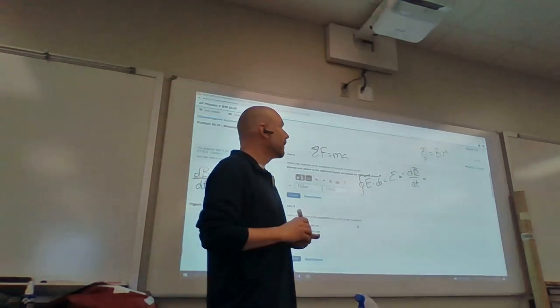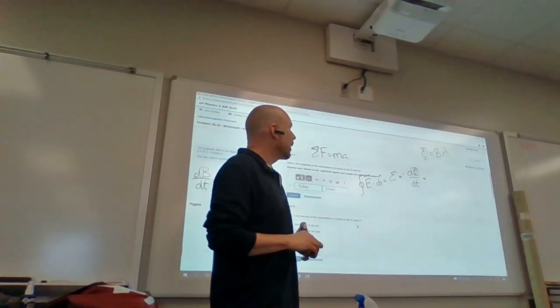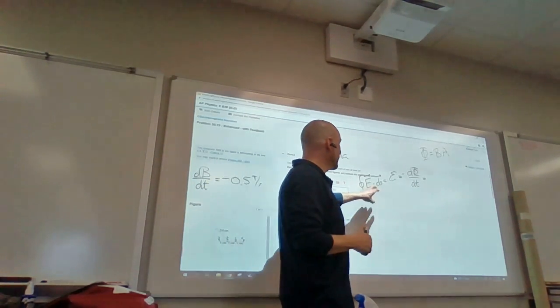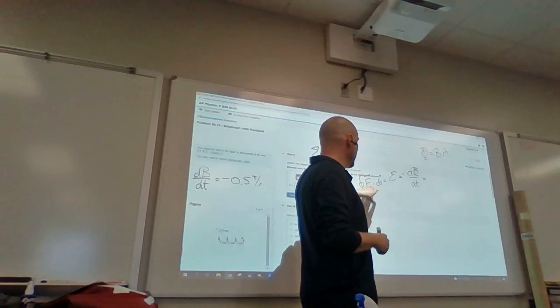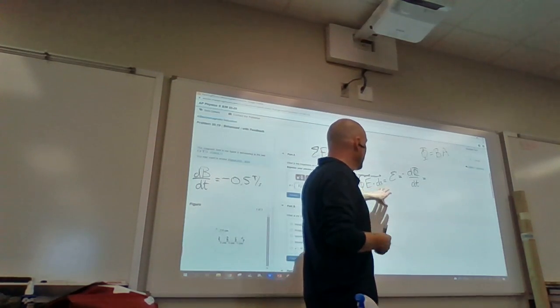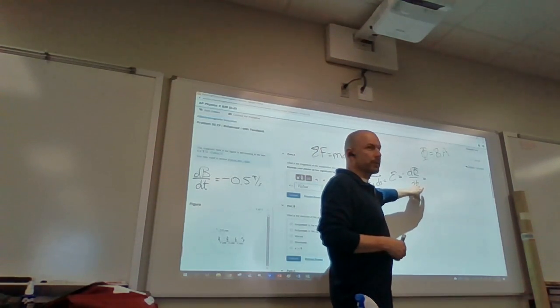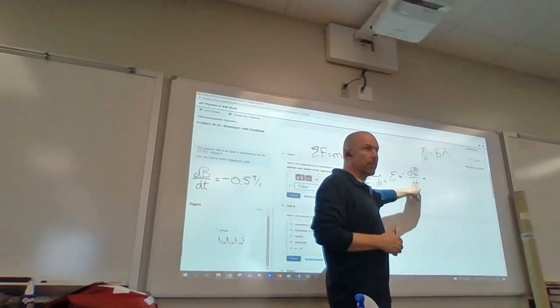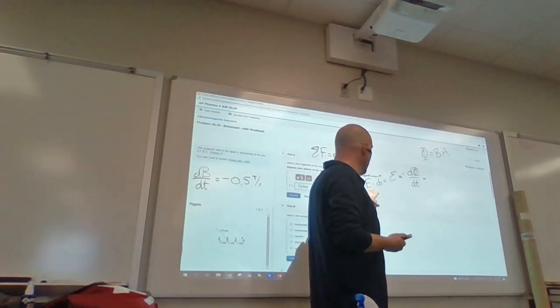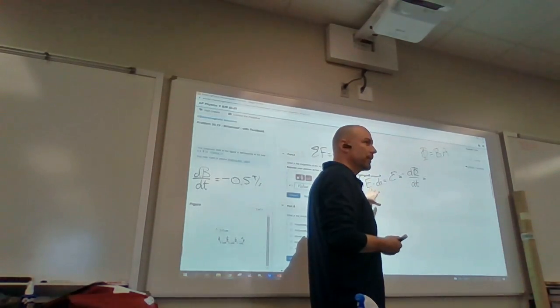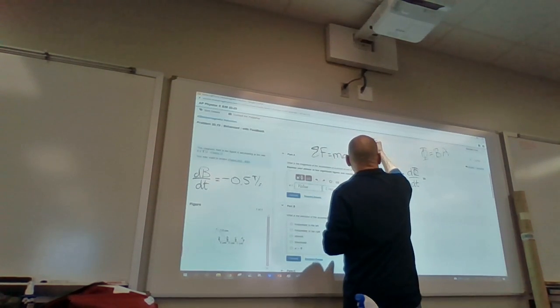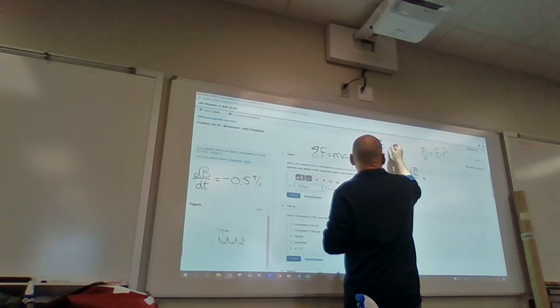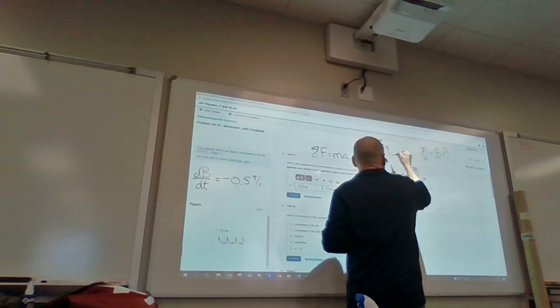Okay, so this is what's going to make the connection between the rate at which this flux is changing, the magnetic field is changing, and the force, because the force is just the electric field times the charge on the electron.